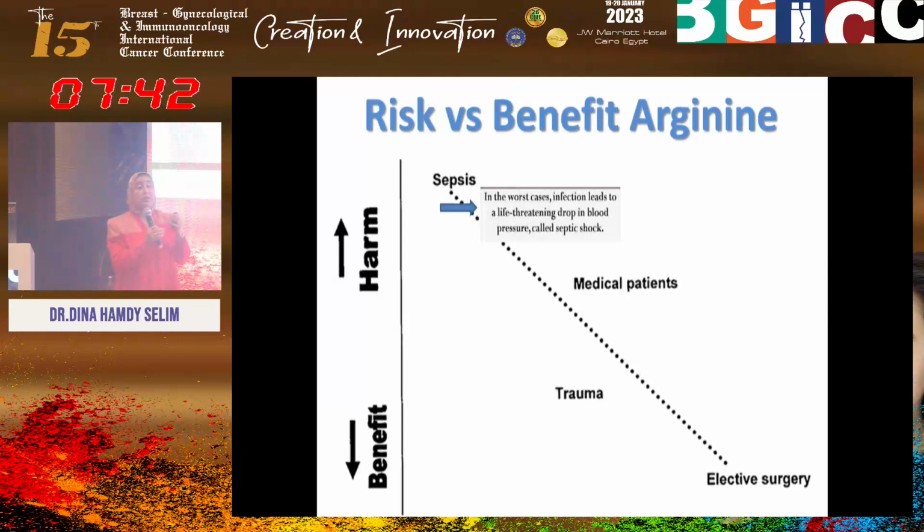If he is going for surgery, it's well and good. But if your patient is in sepsis or going into septic shock, with unrecordable blood pressure or bradycardia, introducing arginine will worsen the condition of your patient. So we have to know that arginine is contraindicated for patients suffering from sepsis or septic shock.